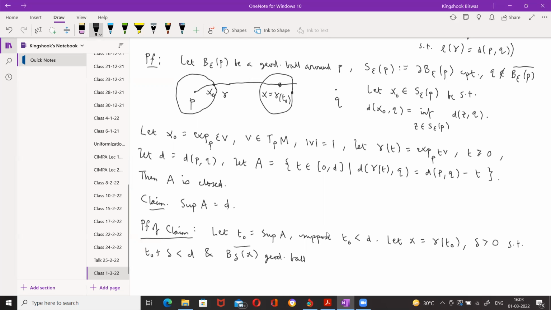So let me take the closure, which is disjoint from Q.